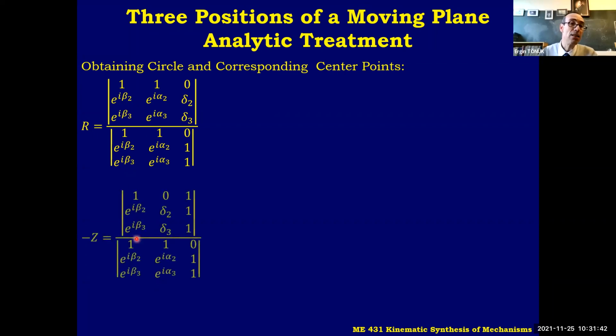And negative Z is the location of the circle point from the first position of the moving plane. And again, it's a ratio of two determinants.